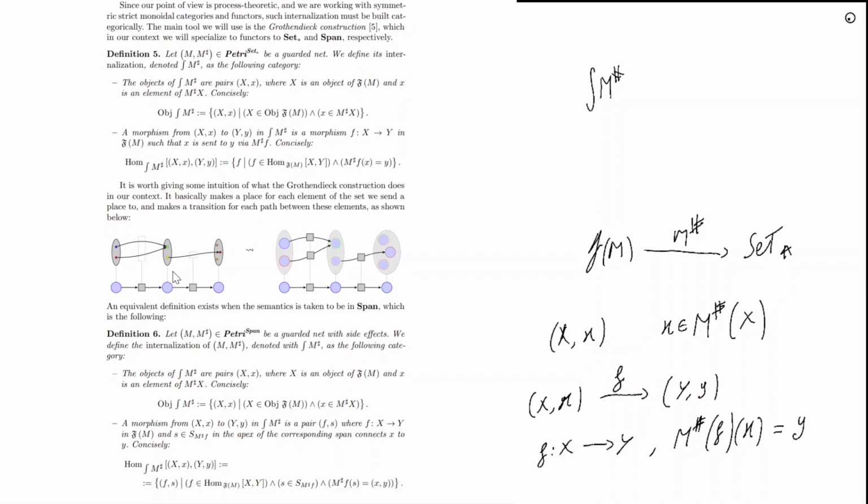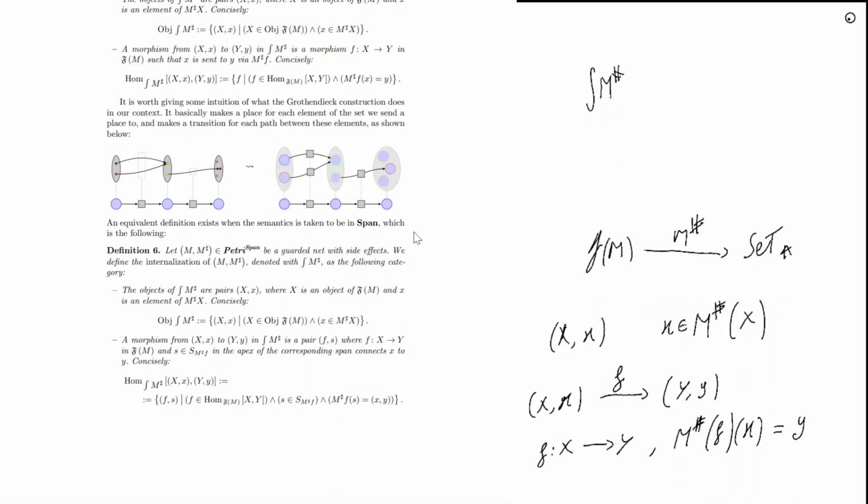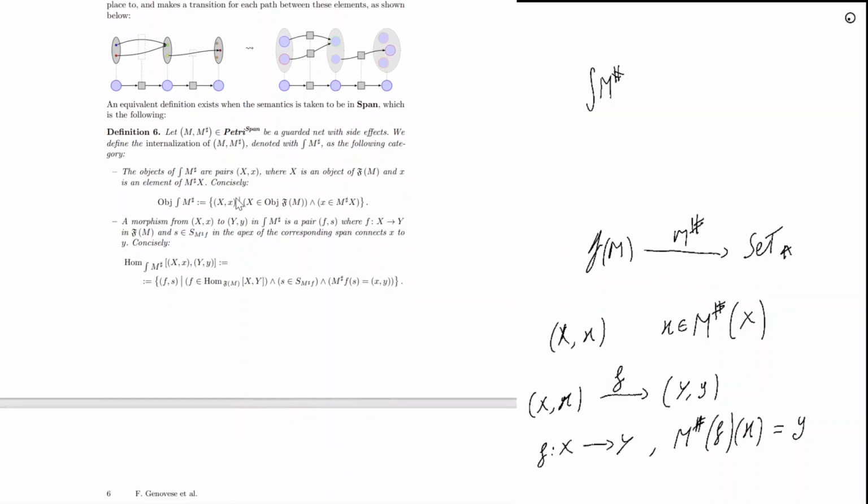And indeed, we can write this in this picture, where you see that what the Grothendieck construction does is take this information up here and balloon every element of these sets into a place and every path into a transition. So basically, this net up here is the internalized version of the guarded net on the left, and it's a fibration on this underlying net we started with.